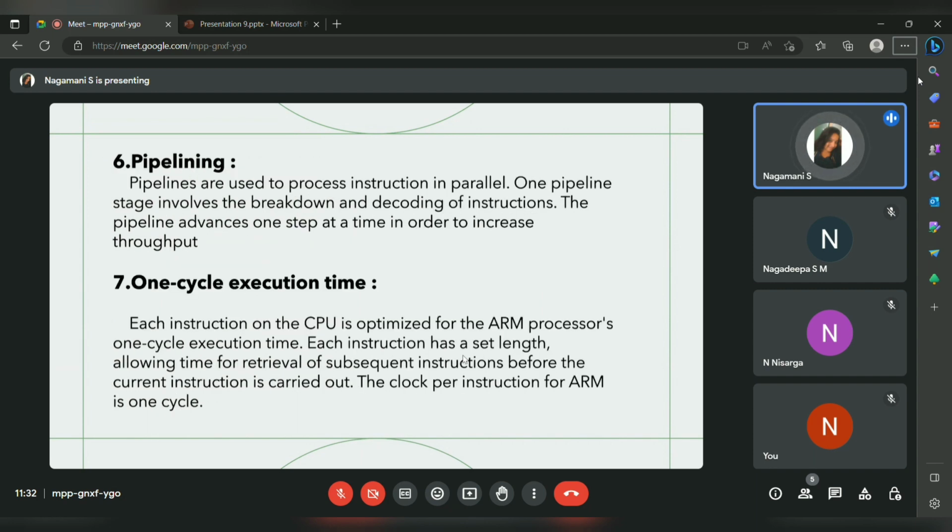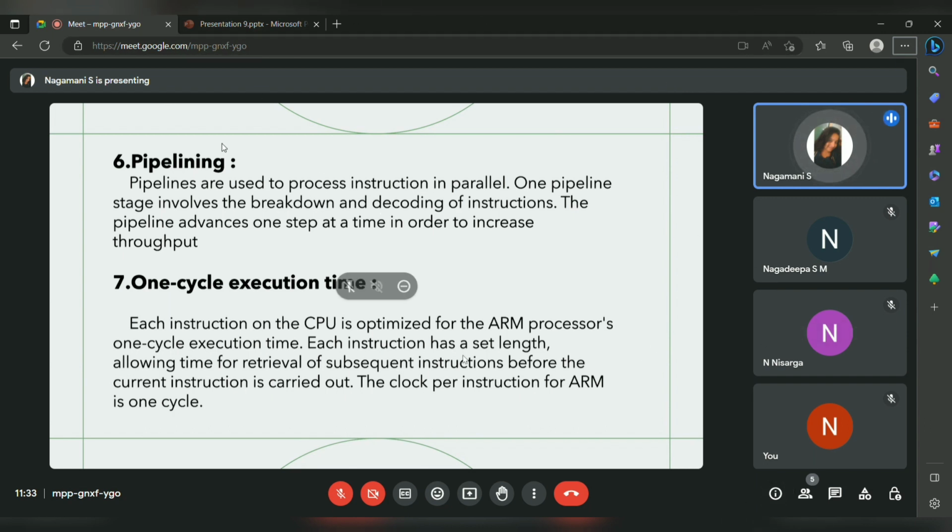The sixth one is pipelining. We all know about pipelining. It means pipelines are used to process the instructions in parallel. One pipeline stage involves the breakdown and decoding of instructions. The pipeline advances one step at a time in order to increase throughput.